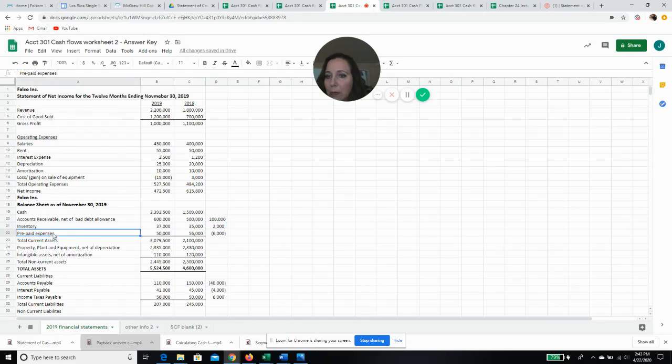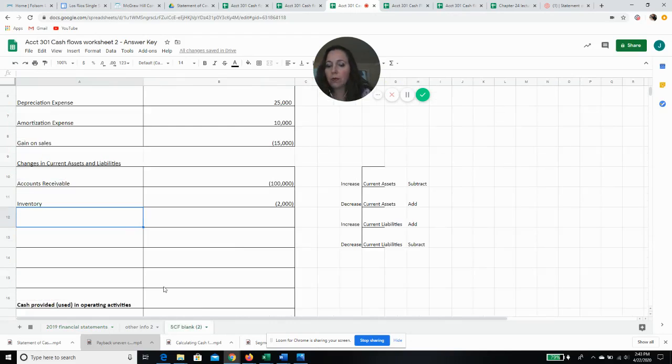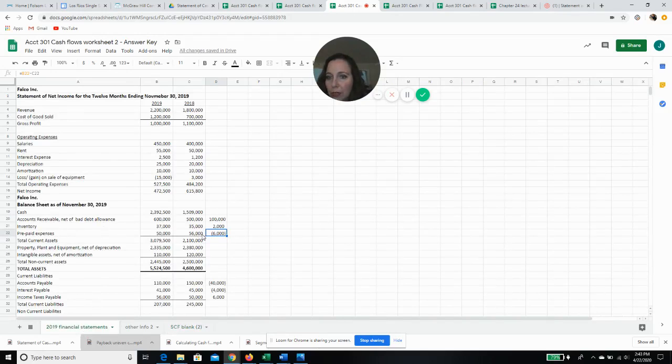And my prepaid expenses decreased $6,000 year over year. So prepaid expenses, a decrease, I add. So I'm going to add the $6,000 because it decreased. All right. That appears to be it for our current assets.